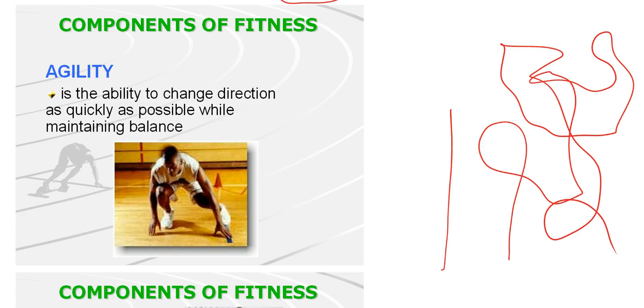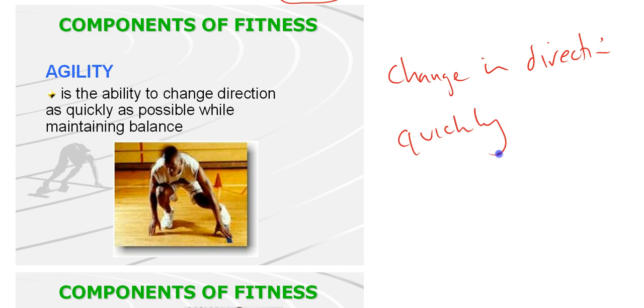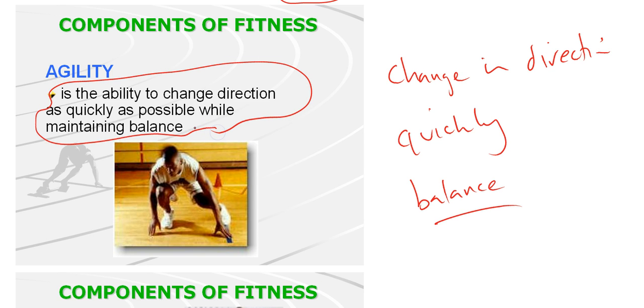So keywords there are change in direction and quickly and balance. This is one where you could almost simply write out the definition.